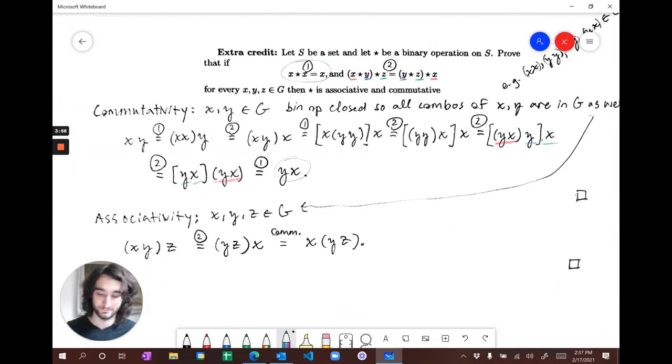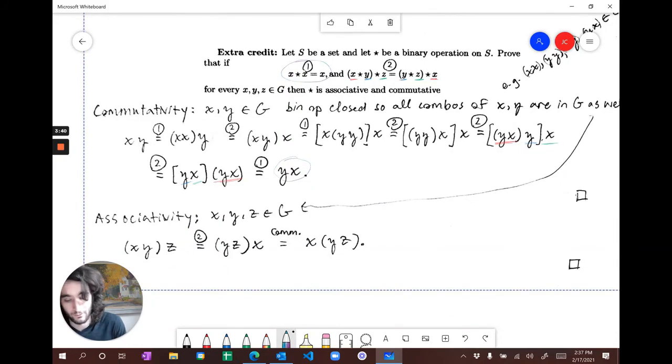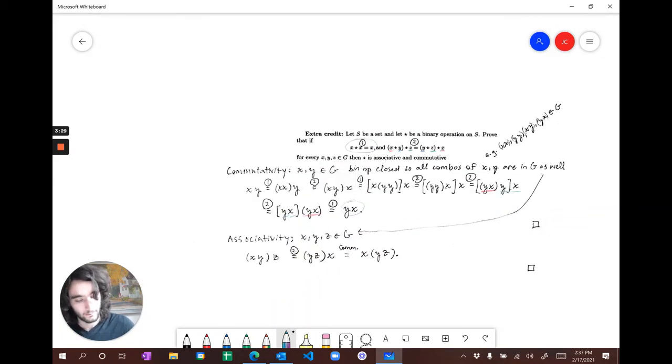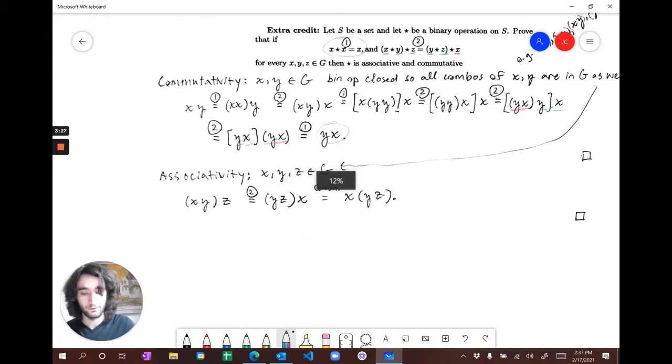So excellent work. And then finally, once you have commutativity, that was the hard part. Now associativity is pretty easy, right? So they're starting with, you're trying to show that that's the same as that. And that's exactly what they accomplished. First, they used rule 2 to make that swap.